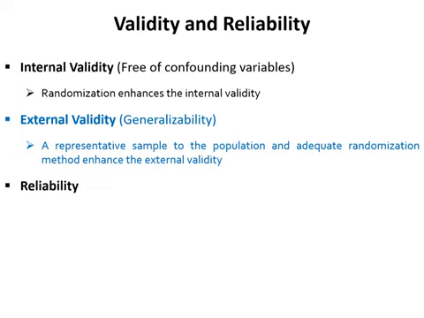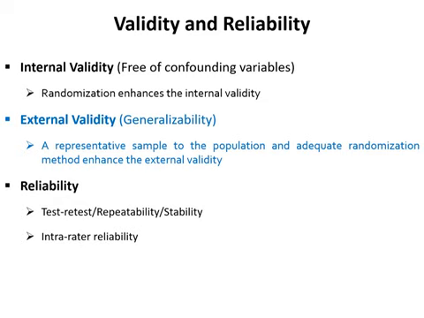Reliability represents the extent to which the results are repeatable or reproducible. In other words, the study is stable. In your study, you will test some measurements by yourself on two different occasions, and you should get no significant difference between the two measurements.